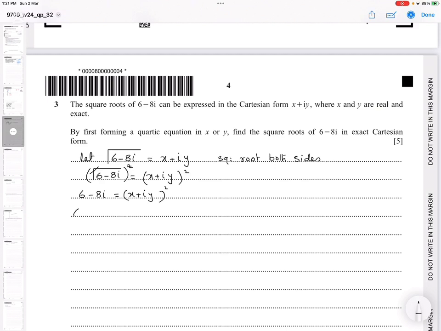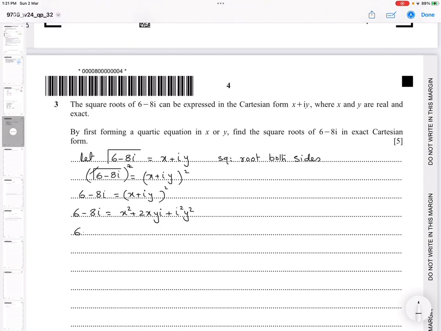Now open this, so it becomes x squared plus 2xyi plus i squared y squared.